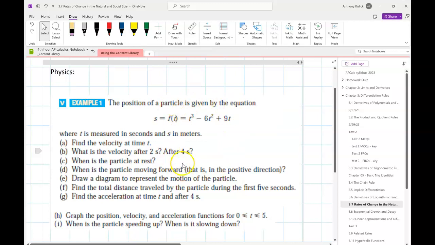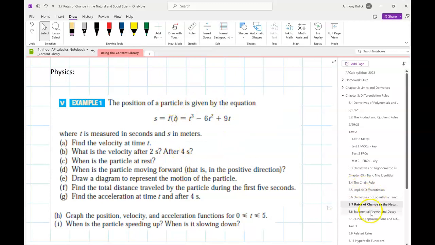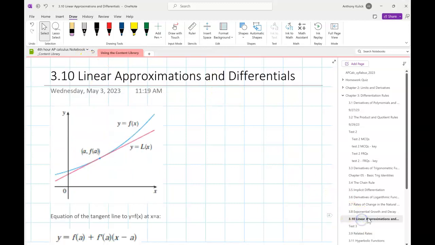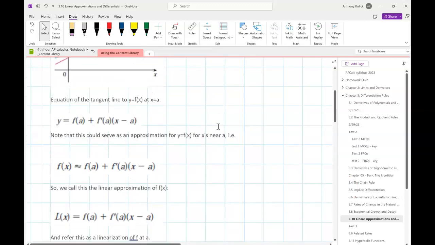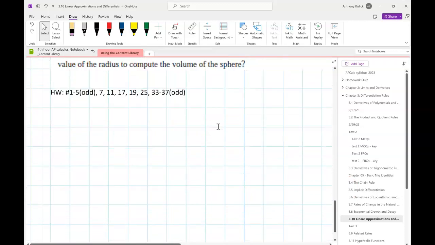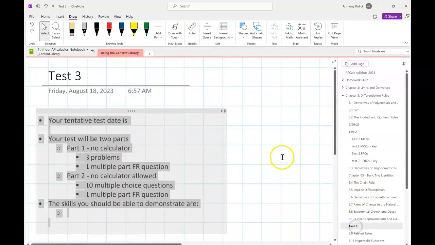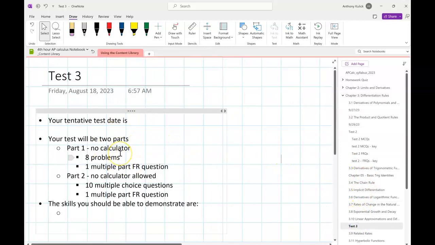I'm just going to do a couple of examples. 3-8 I'm not even going to do. I wrote the title and then I read the section and I'm like, I don't want to do any of this. And then 3-10 is basically writing tangent lines again. And then that's it. We're going to have a test.